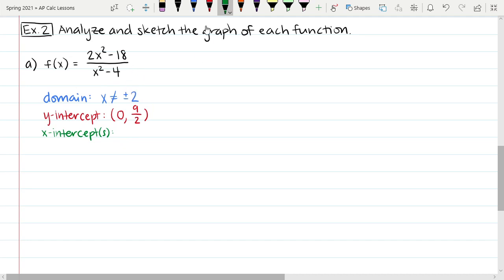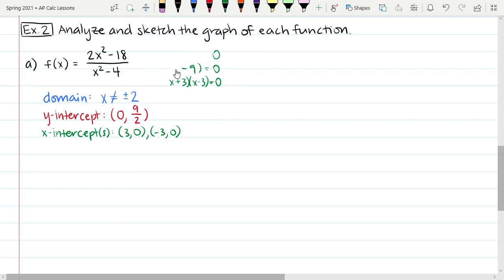I'll just do this here on the side. I have 2x squared minus 18 equals 0. If I factor out a 2, and factor the difference of squares, we're going to get x equals plus or minus 3. So our x-intercepts, our roots, are going to be at (3, 0) and (negative 3, 0). So those are going to be our intercepts.